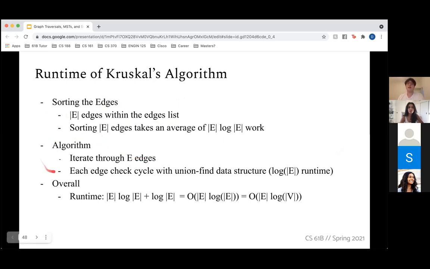And within our actual Kruskal's algorithm, we're going to be iterating through E edges of our ordered list. And to check whether there's a cycle, we use the union find data structure. We can have a log E runtime in order to add and check is connected to see whether we have cycles within our Kruskal's algorithm.